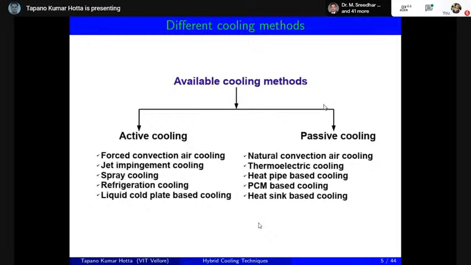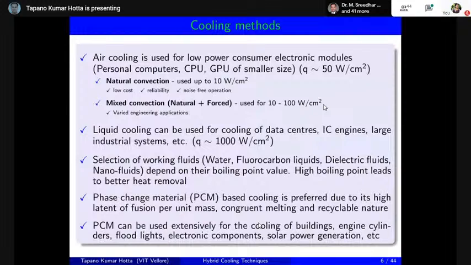So once you understood the different cooling techniques, now let us highlight the different cooling methods, and you will see how each method has its own pros as well as cons. Now, if you go back years, the mode of cooling was only air cooling.